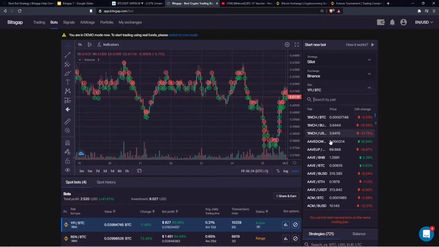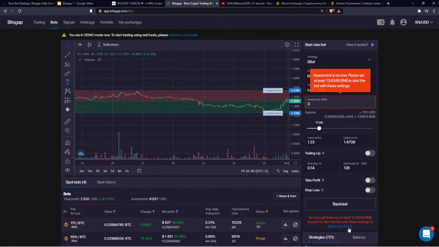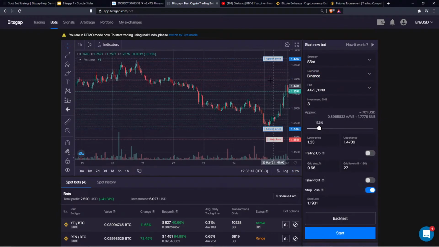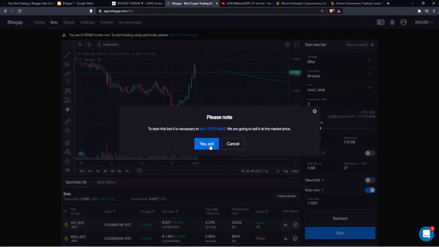And let's go to our BNB. 3 BNBs. Yeah, so you set the stop loss below the area, and we can try this one.